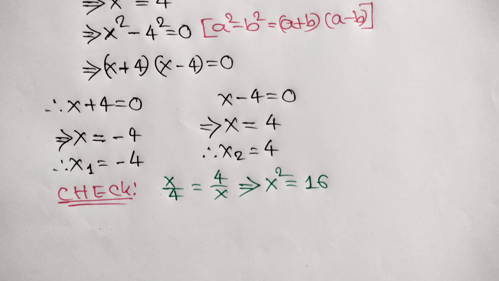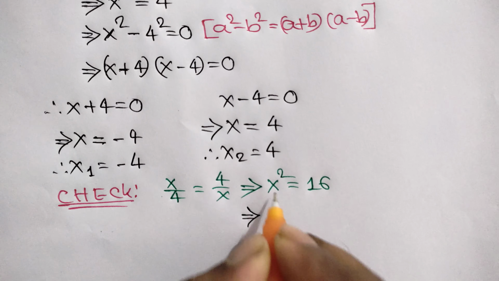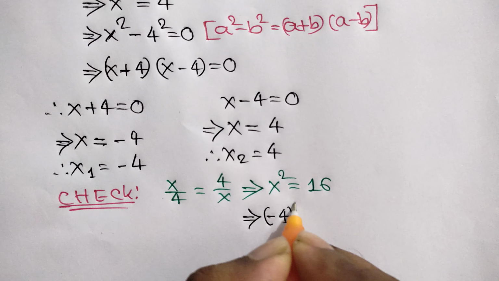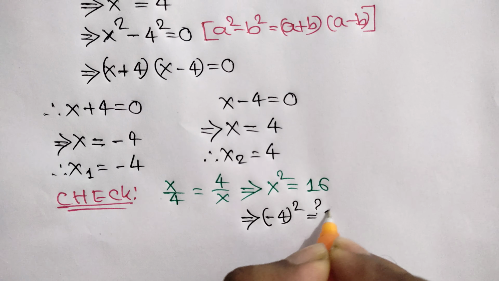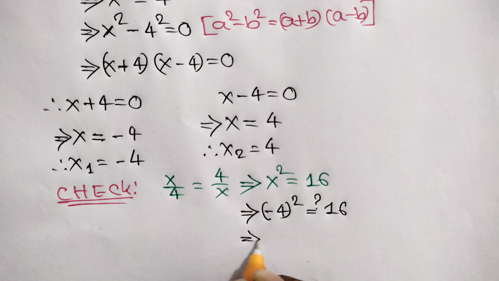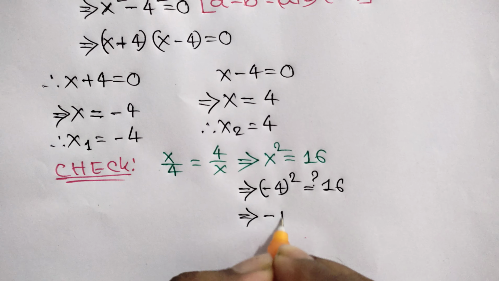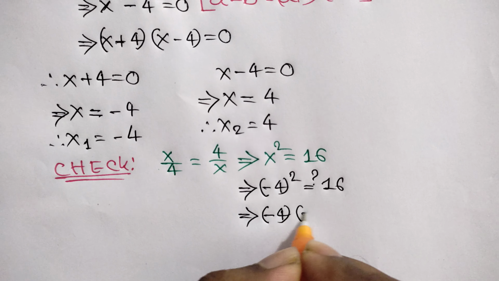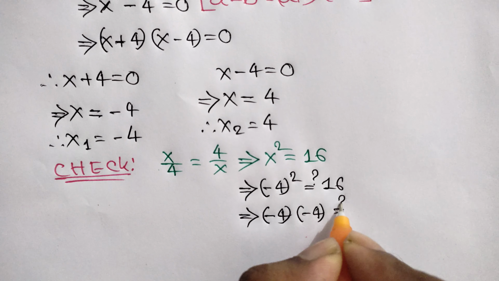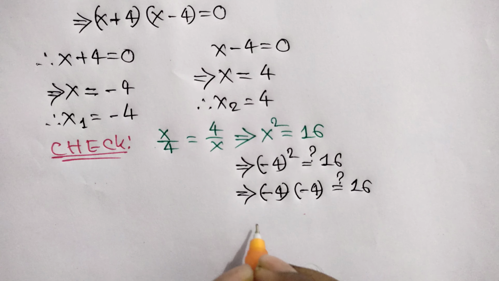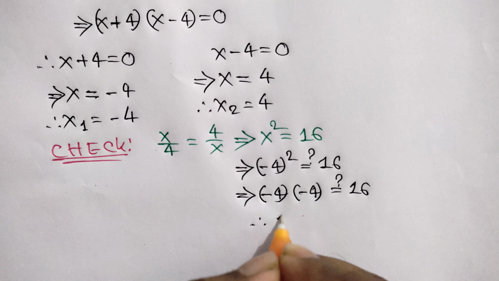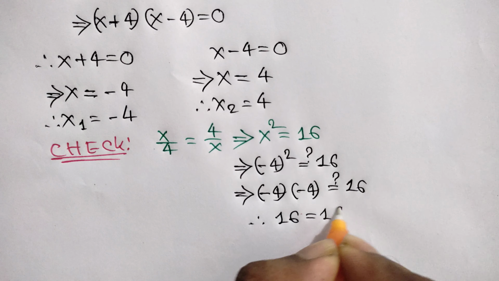Now when x is equal to negative 4, we can write here negative 4 square is equal to 16, or we know negative 4 square can be written as negative 4 times negative 4 is equal to 16. So negative 4 times negative 4 is 16, so 16 is equal to 16.